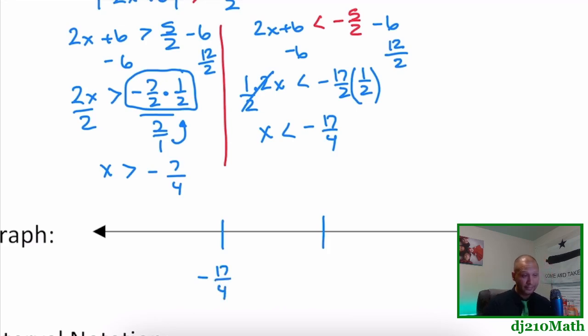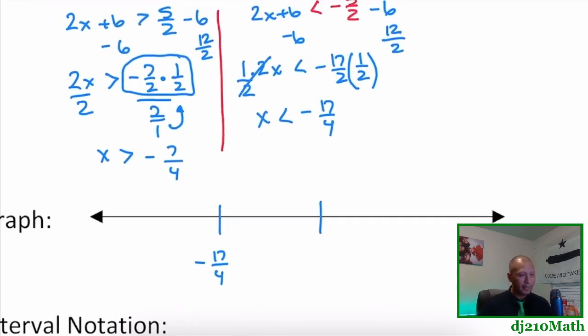That's 17 divided by 4, it's 4 something, negative 4 point something. And negative 7/4, 7 divided by 4, is approximately negative 1 point something. So negative 7/4 is bigger in a sense because it's closer to 0. The larger the negative number, the further it's going to get to the left. Okay. Hopefully you can follow that logic.